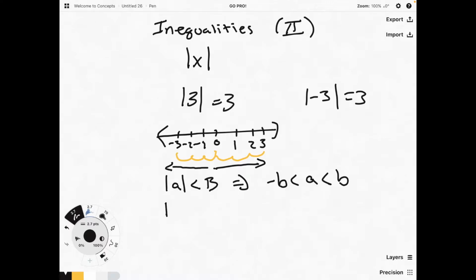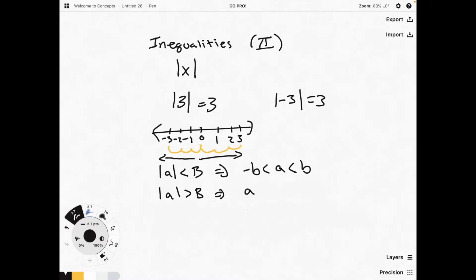Similarly, if you have the absolute value of A, which is greater than B, this is going to be equal to A, which is less than negative B, or A, which is greater than B. And again, we're taking into account both the positive and negative direction.